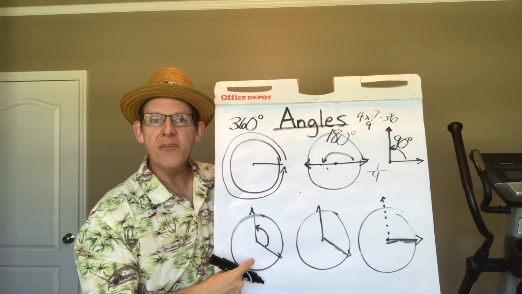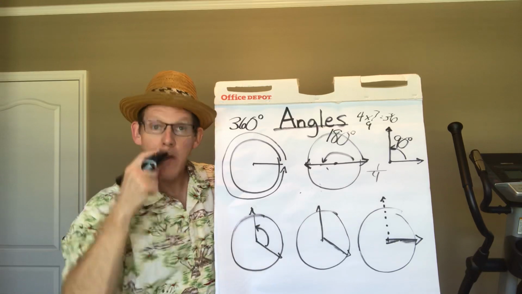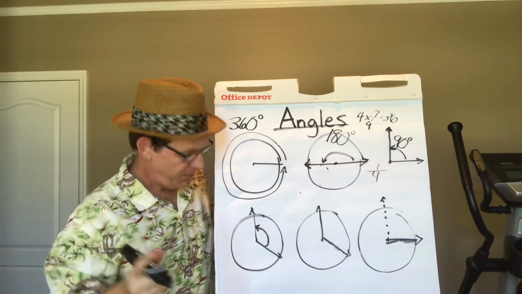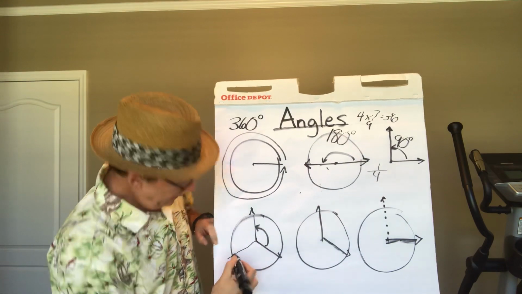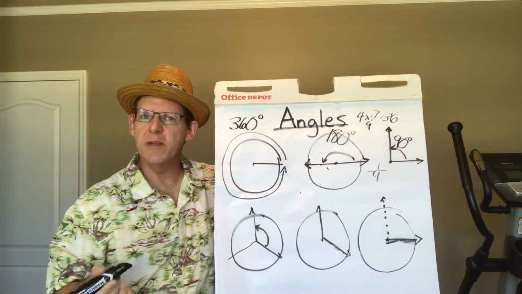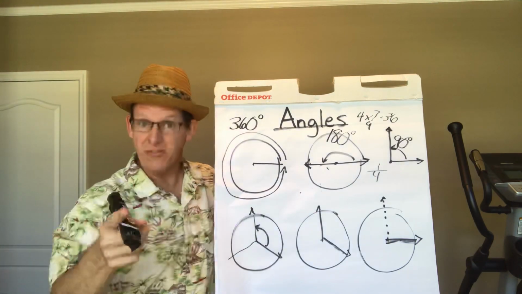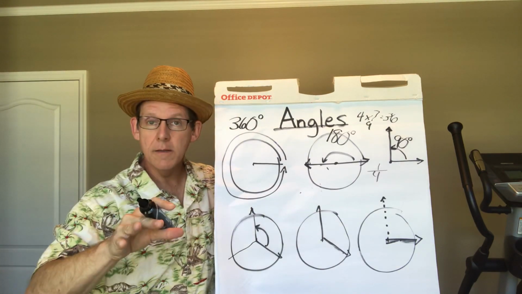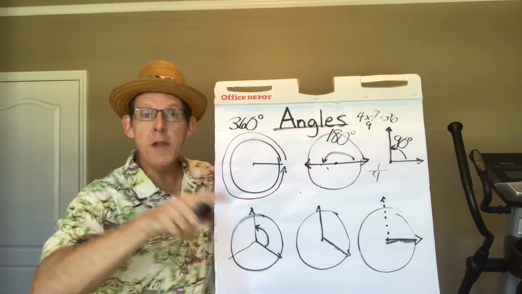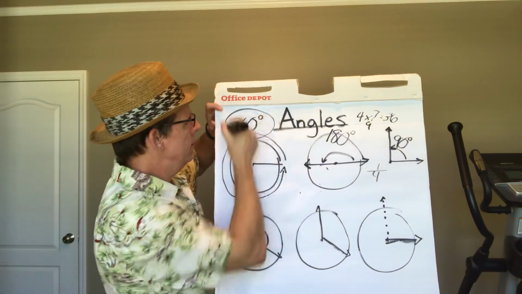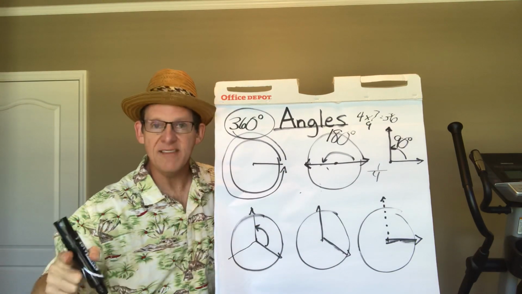Down here, we have a different type of one. Well, what would that be? Well, we're going to use our knowledge of fractions. How many parts have I cut the circle into? It's the old Mercedes-Benz. Do you remember that? Like the car? Thirds. So what is 1/3 of 360?